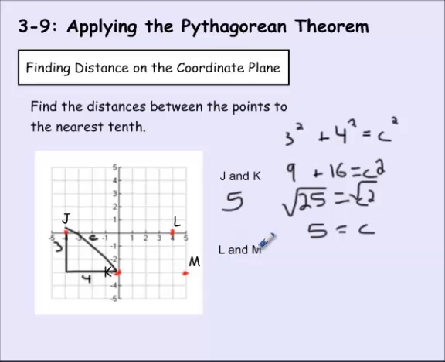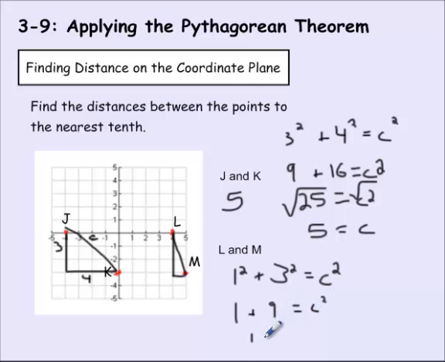Here we have L and M. So this diagonal line L and M, it's 1 across to the side, and it's 3 up. So it'd be 1 squared plus short side 3 squared equals the long side C squared. So 1 squared is 1, 3 squared is 9, equals C squared.